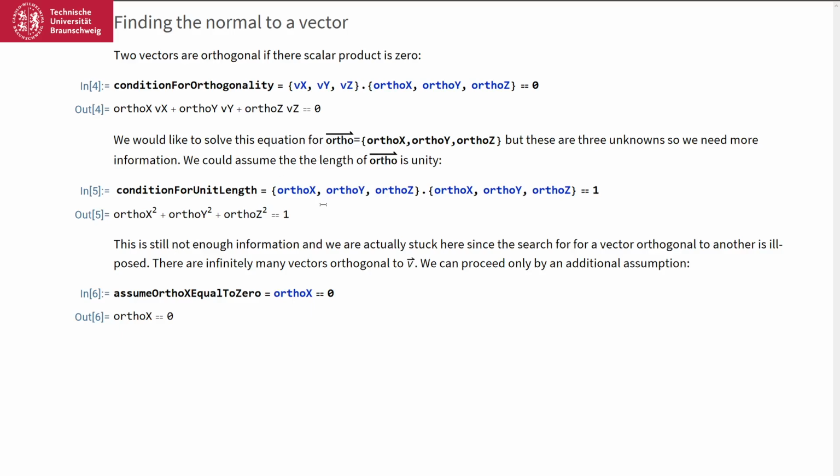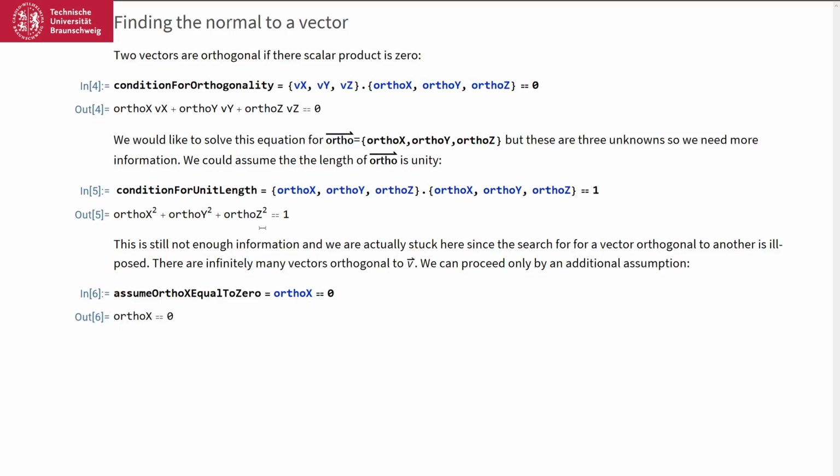So we have now two conditions. There's still something missing because we need three conditions to make this actually solvable. And now obviously we are stuck because there is nothing unique anymore. You have an entire plane, and any vector in that plane would obviously be a potential basis.